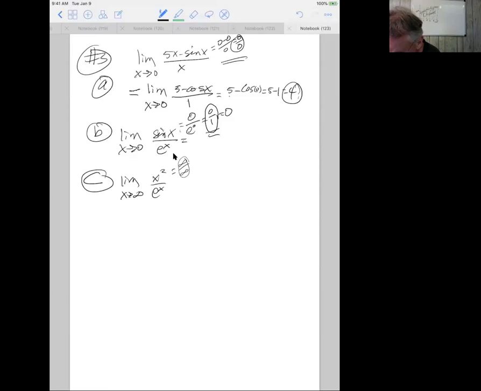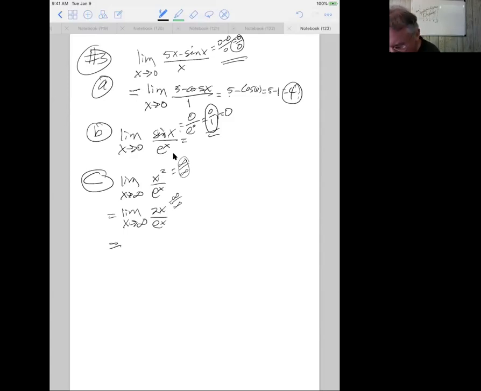This is equal to the limit as x goes to infinity of the derivative of the top over the derivative of the bottom. Plug in infinity. Well, not plug it in, but as x goes to infinity, this goes to infinity, and this goes to infinity. L'Hopital's rule, do it again.